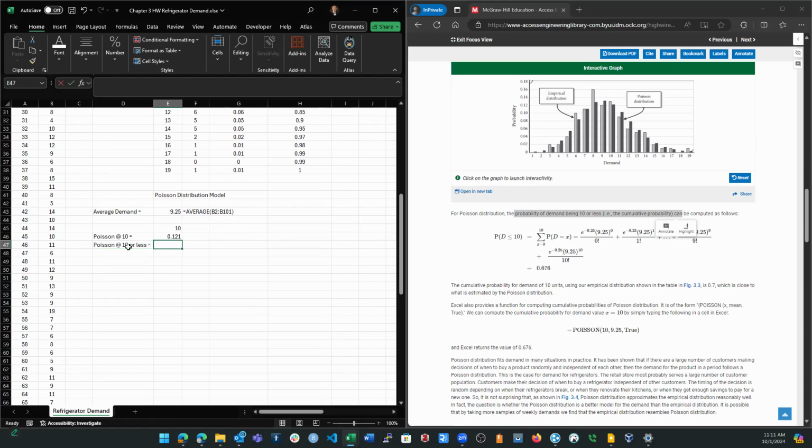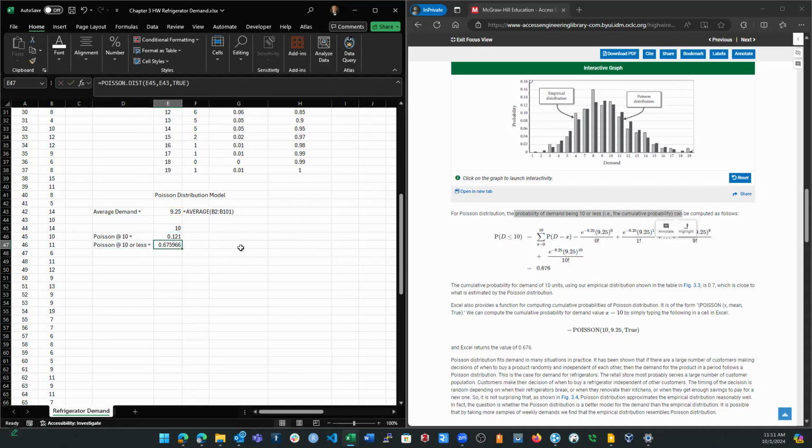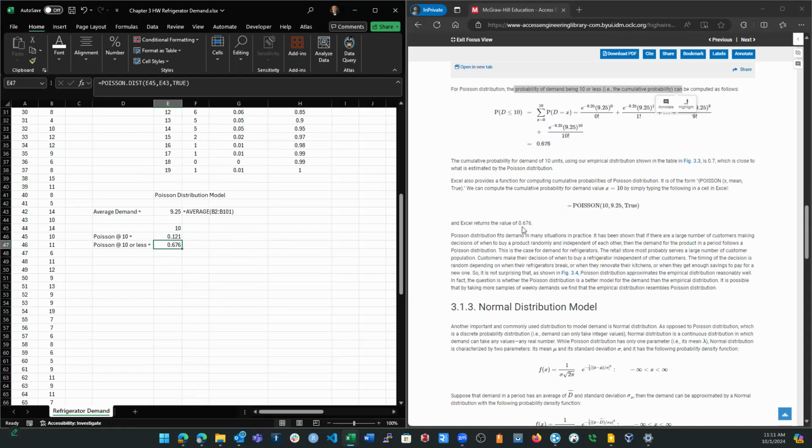We'll use the Poisson distribution. X is still 10. The mean is still 9.25. This time the cumulative is true, so we'll select the true option here. Now, let's see, the book says 0.676, which is exactly what we get.